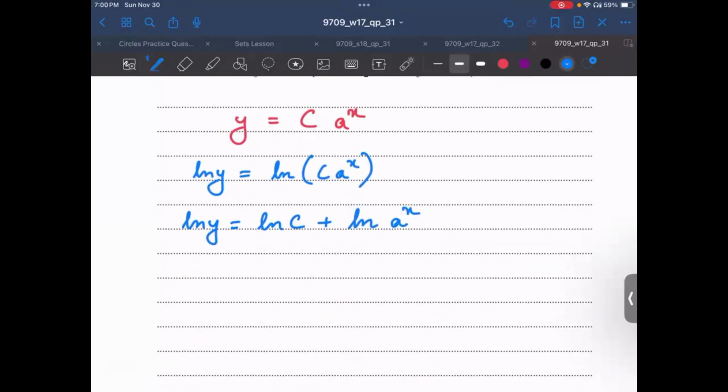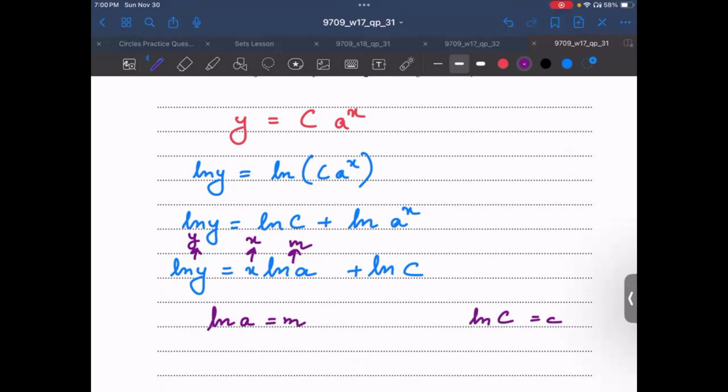Bringing x over here, we can write this equation as x ln a + ln c. Now comparing it with y = mx + c, ln y was plotted on the y-axis and x on the x-axis, which means the gradient is ln a and the y-intercept is ln c.